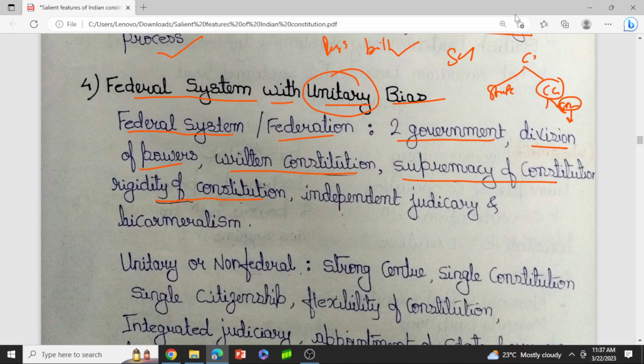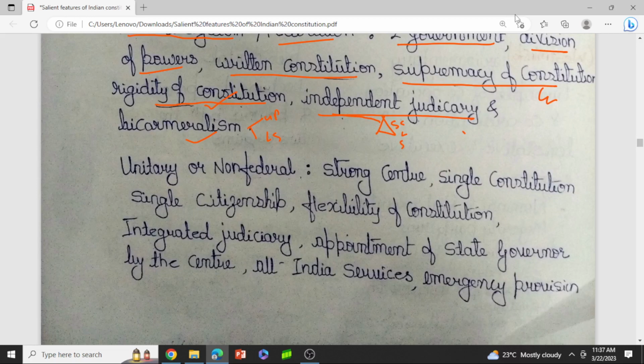Everything is below the Constitution. Rigidity means it's not easy to amend. Independent judiciary and bicameralism: this is the upper house and the lower house, and the independent judiciary is the Supreme Court, High Court and subordinate courts. They are independent. They have the power of judicial review, even for constitutional amendments.